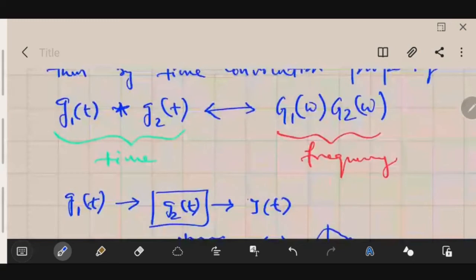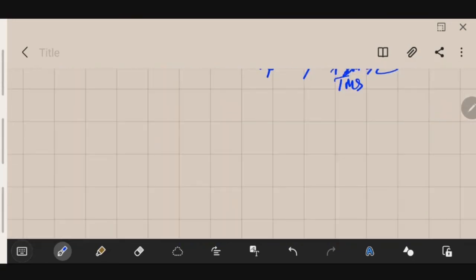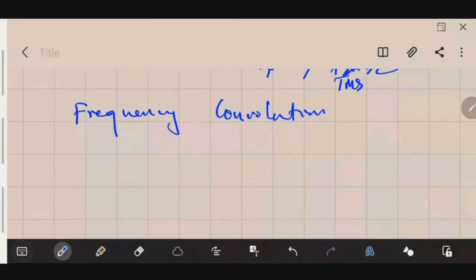Have you read about microprocessors? There is this frequency convolution property. It is just the dual of the time convolution. So what does this say?